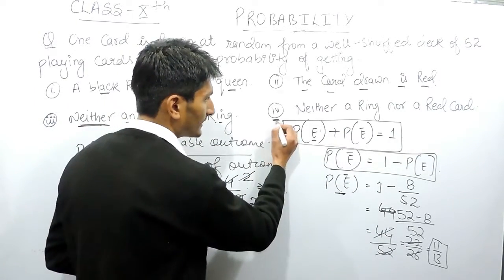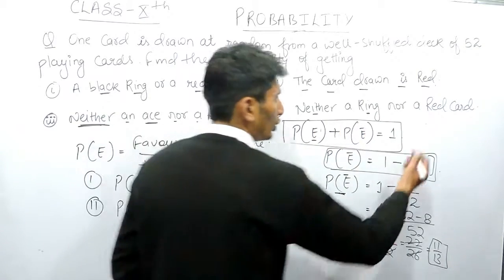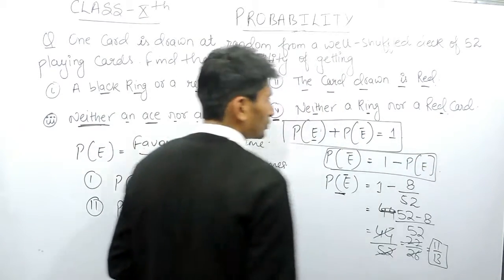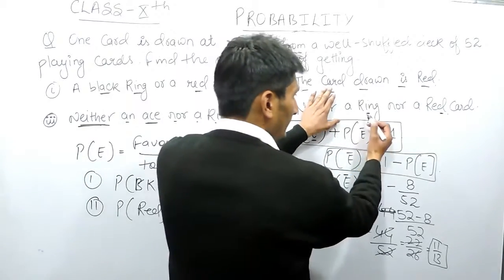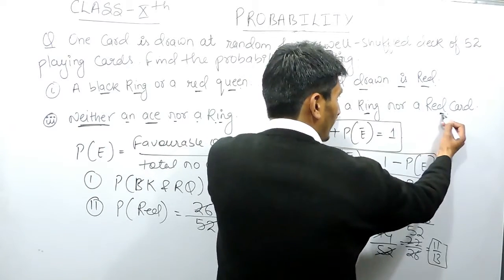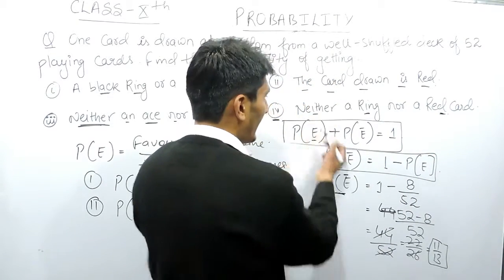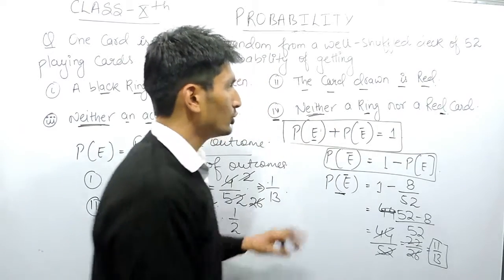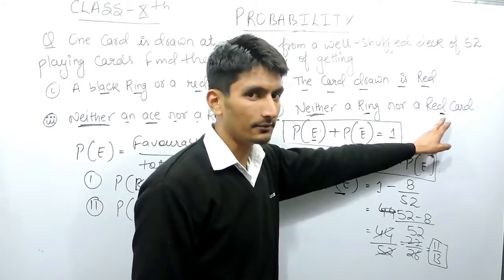Now for the fourth case, again you have to find for neither a king nor a red card. So first of all, we calculate the probability of getting a king or a red card. Then if I subtract that probability from 1, I'll get the probability of neither a king nor a red card.